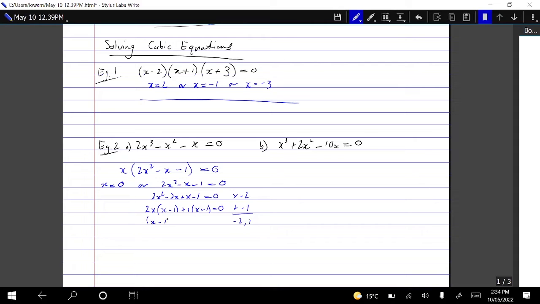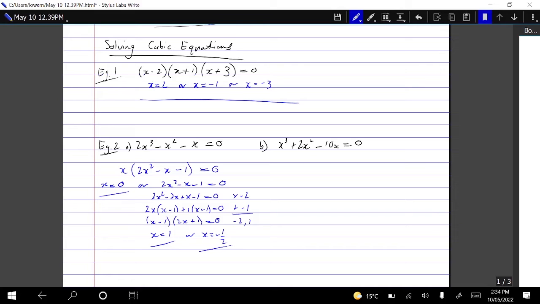So we have x minus 1 and 2x plus 1 equaling 0. And so we can see then, okay, we have our x equals 0 as one option, but we also have x equals 1, or x is equal to -1/2 when we solve the 2x plus 1 equal to 0. So with a cubic we could have, I guess potentially, either 1, 2 or 3 solutions.